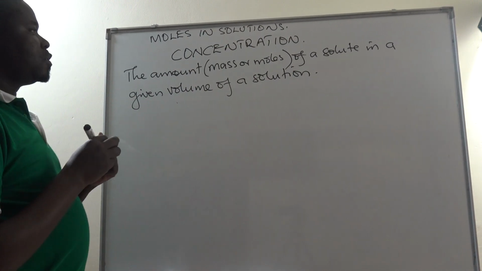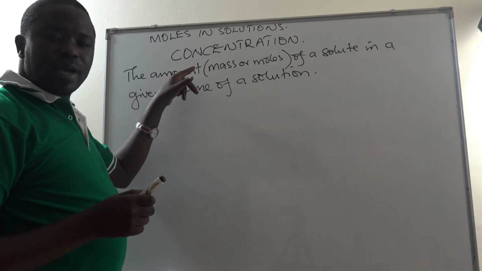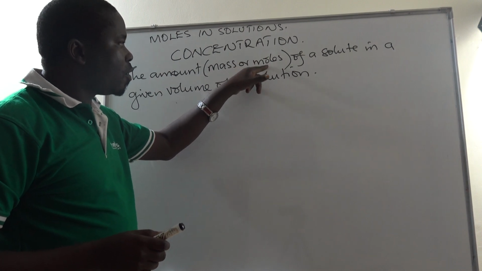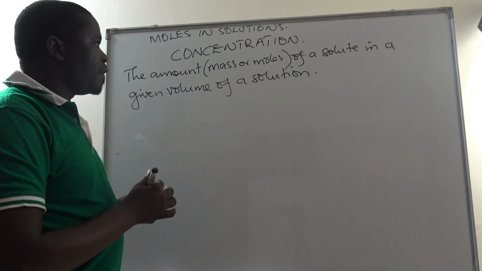It is the amount of a solute in a given volume of a solution. The amount we are talking about here can be either mass or number of moles of a solute, in a certain volume of a solution.